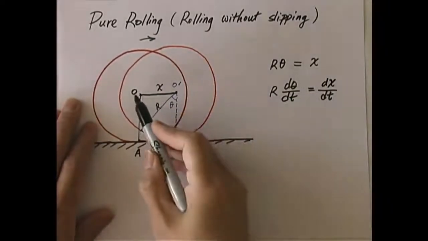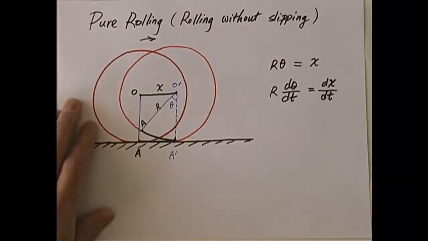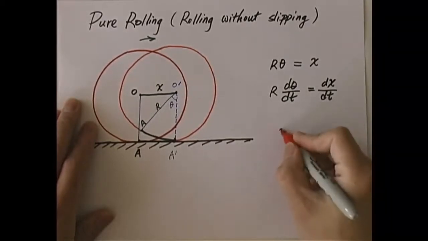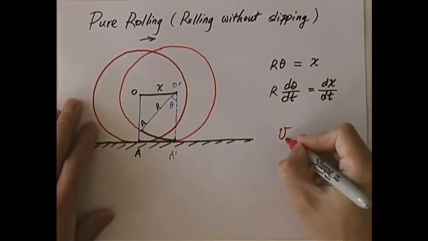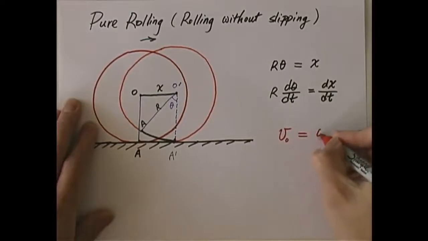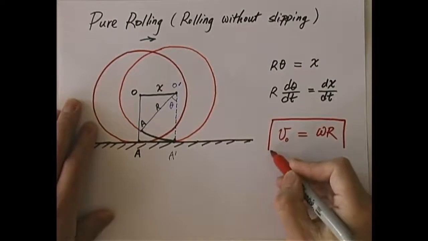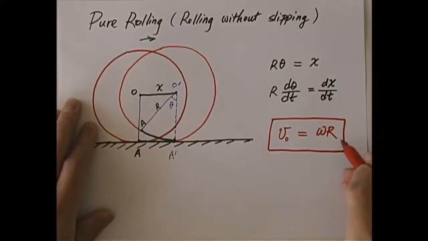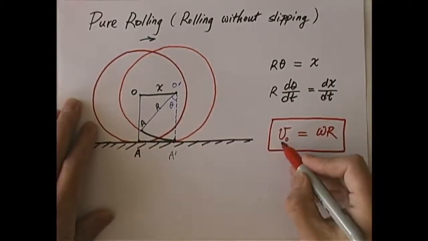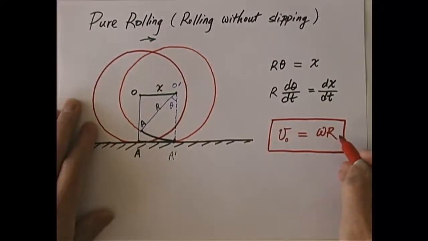That is the speed at which the center of the object moves. So therefore, we conclude that for pure rolling, v at the center, VO, equals omega times r. This is a condition necessary to sustain pure rolling. The angular speed and the speed of the center of the circular object must be related, like VO equals omega times r.